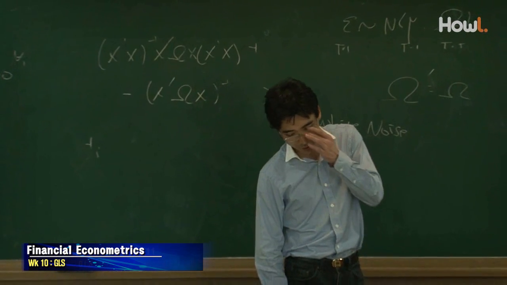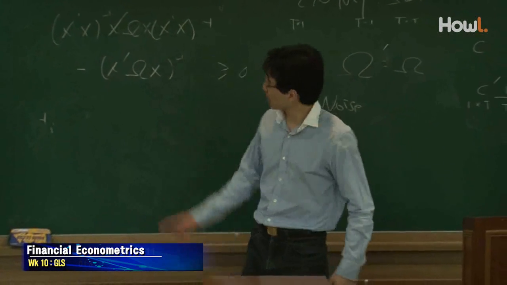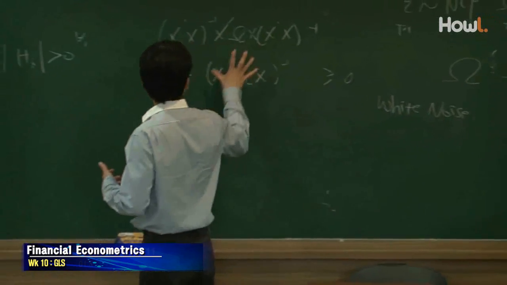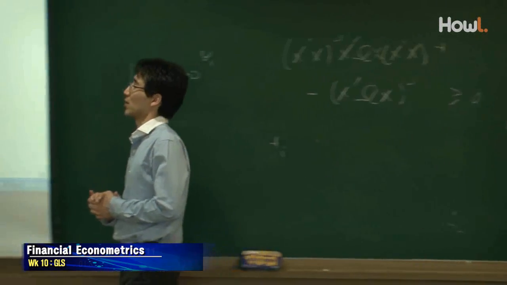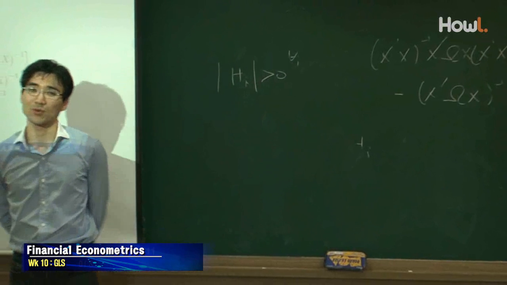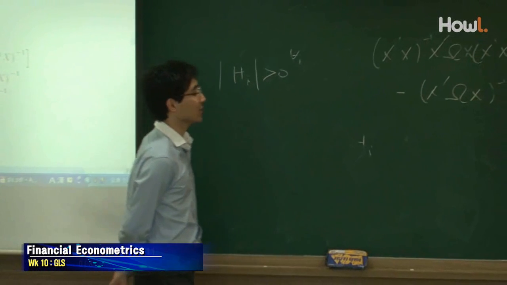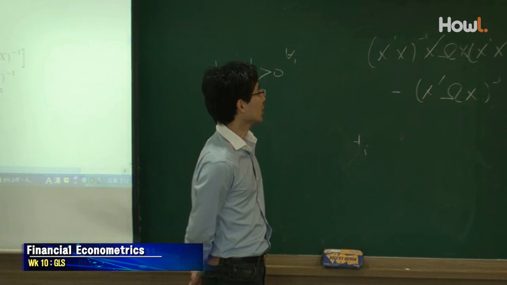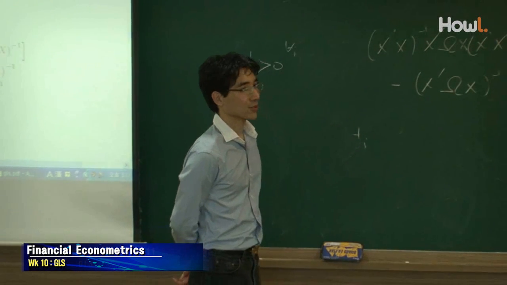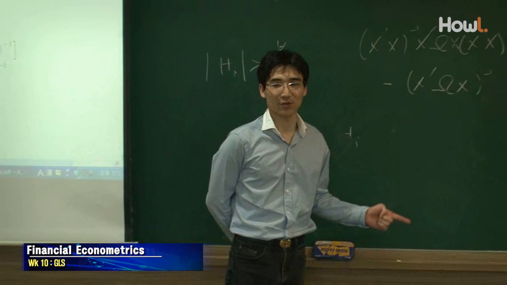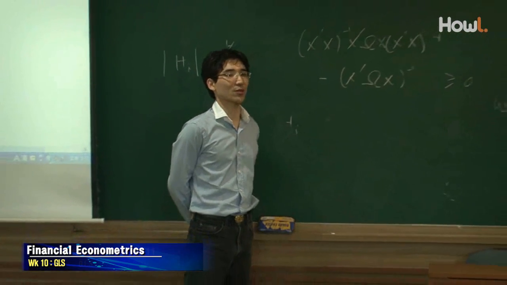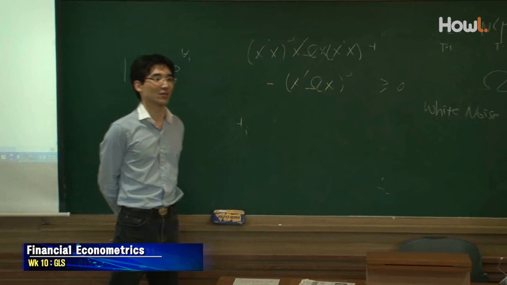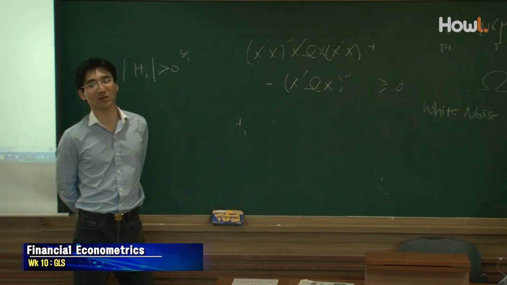So basically, the conclusion is a comparison between the GLS estimator and the OLS estimator, and we can make a more general argument: for any linear unbiased estimator of beta, its variance is greater than that of the GLS estimator. This means the GLS estimator is the most efficient in the class of linear estimators.